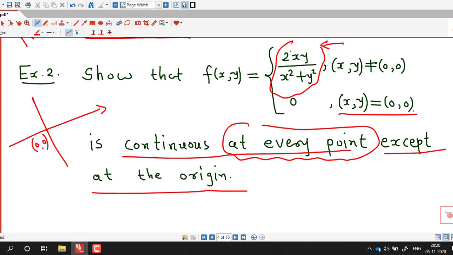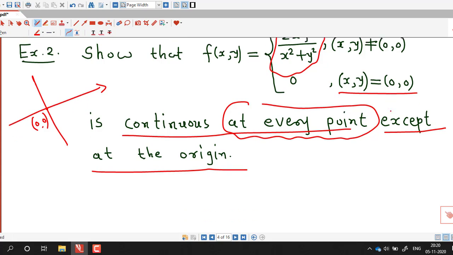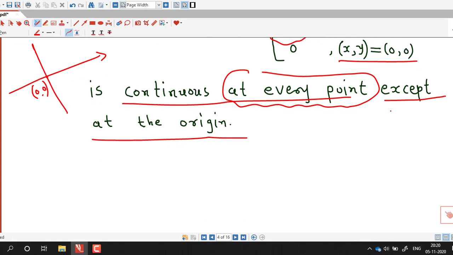So if we take any point which is different from origin, we will discuss in two parts. We will discuss continuity for non-zero points, and then we will discuss continuity at origin.